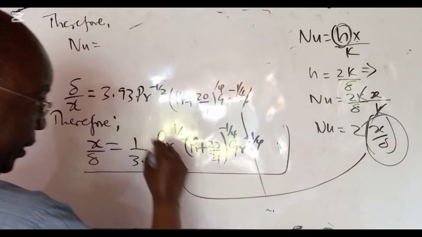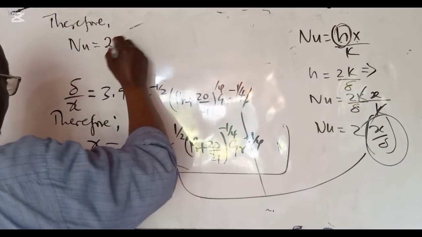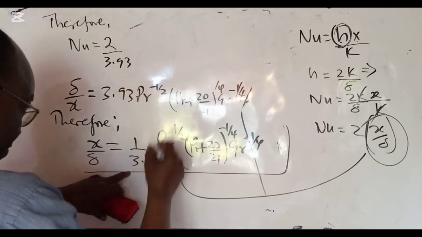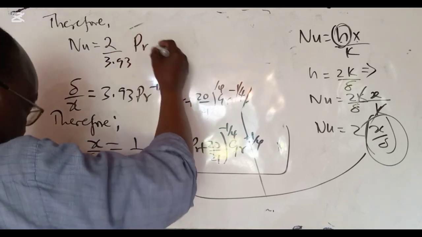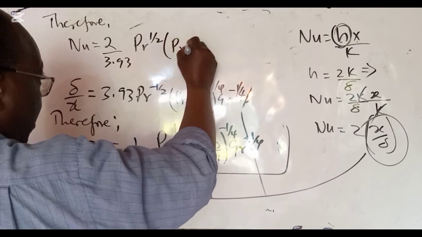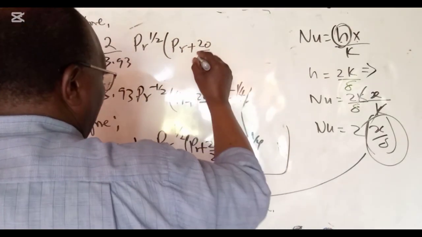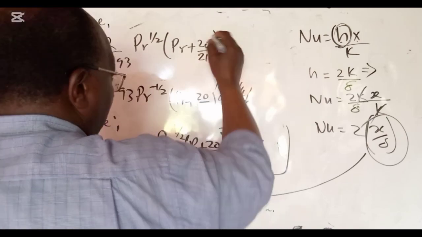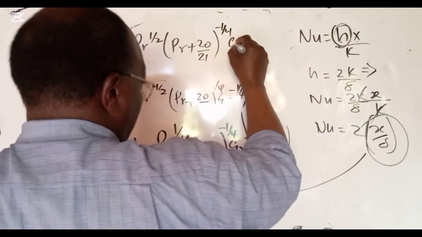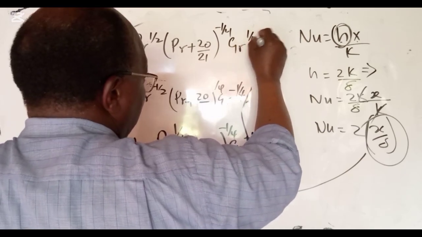We have 2 over 3.93, Prandtl number to the half, plus Pr, raised to the power minus 1 over 4, Grashof number to the 1 over 4.